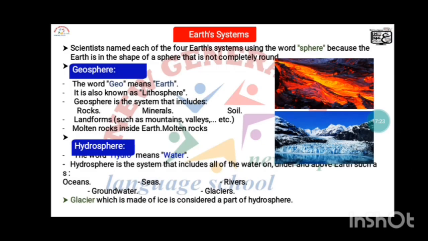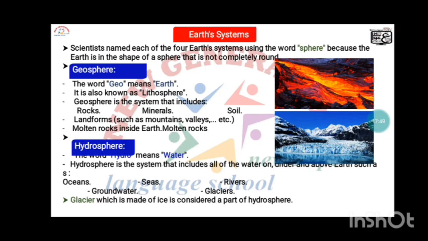Okay, and now Earth's systems. As we said, they are geosphere, hydrosphere, biosphere, and atmosphere. Scientists named each of the 4 Earth systems using the word sphere. Why?